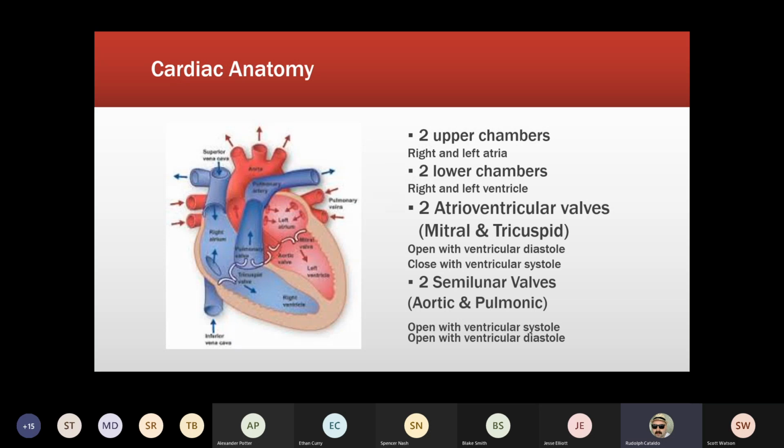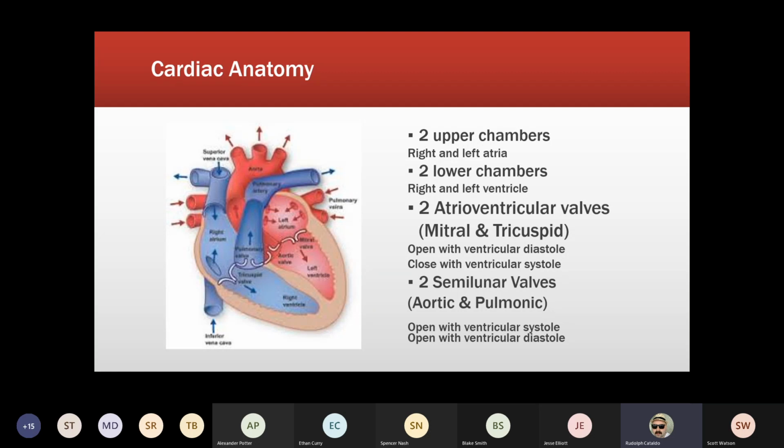Don't pay so much attention to the picture because it's really blurry, but we have two upper chambers, right and left atria, that squeeze together simultaneously to push blood through our tricuspid valve and our bicuspid valve. Tricuspid is on the right side because the letters RI are in tricuspid, so that's right.